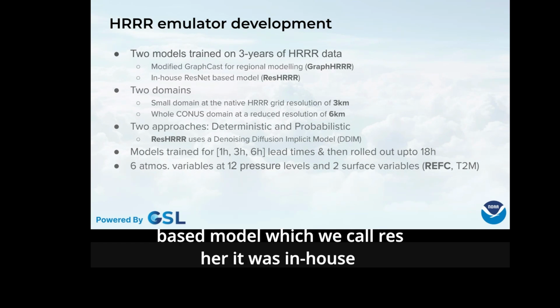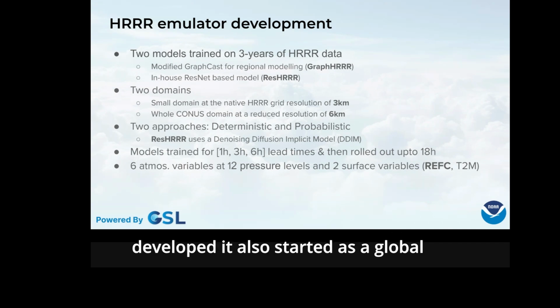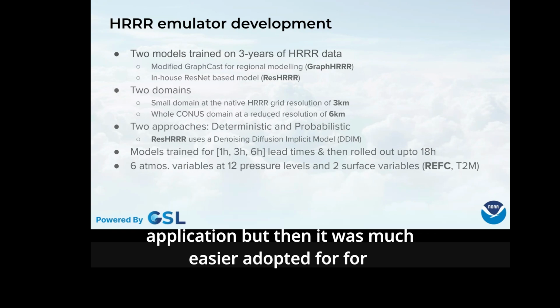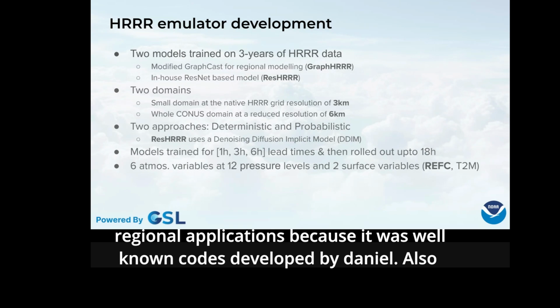Regarding the ResNet-based model, which we called ResHRRR, it was developed in-house. It also started as a global application, but then it was much easier to adapt for regional applications because it was well-known code developed by Daniel.